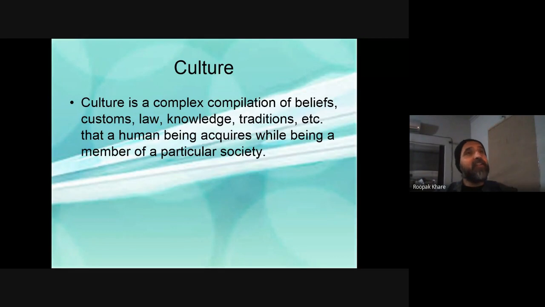And interestingly, culture differs every few kilometers. Within India, you have almost 30 states. Every state has a lot of districts and divisions. And trust me, in every area, people differ maybe a bit or more. There are different languages. The way we dress in different parts of India may differ.